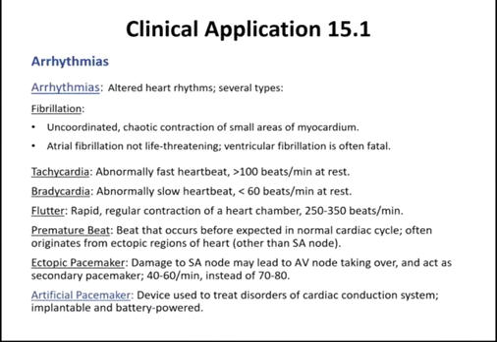And an ectopic pacemaker, interesting enough, you have a backup to your SA node. As I said before, the SA node controls the start of your contraction, right? You contract the atria first, and then the message goes to the AV node, and then it continues down the ventricles, as I covered before.